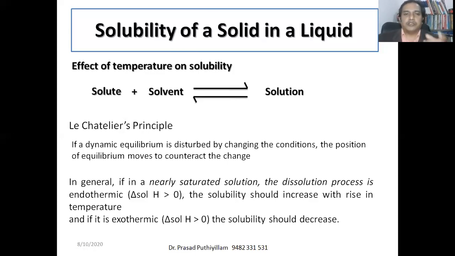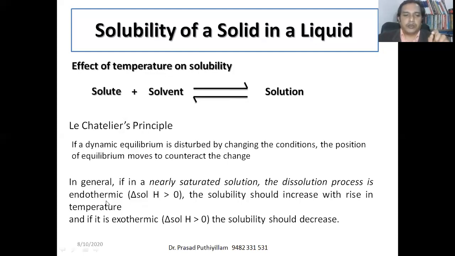That cooling effect is because the dissolution is endothermic, meaning it takes heat. It is not liberating heat. It is absorbing heat from our skin or from our hand. That's why we feel the cooling effect. Then we call it endothermic.